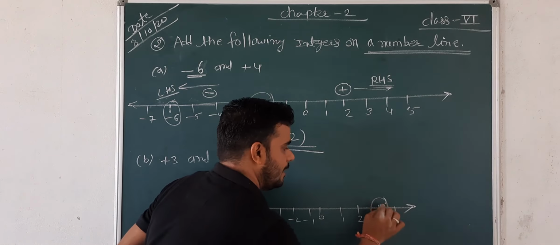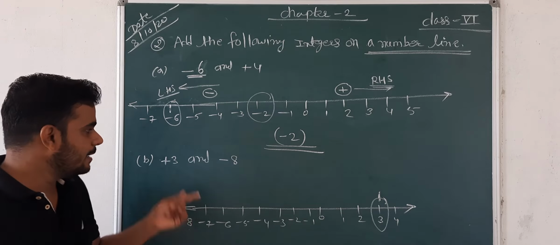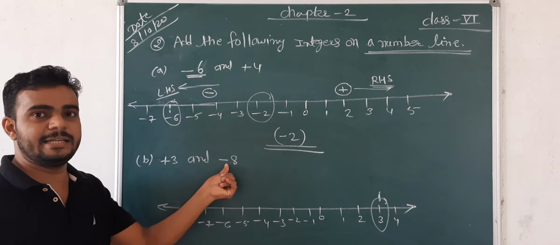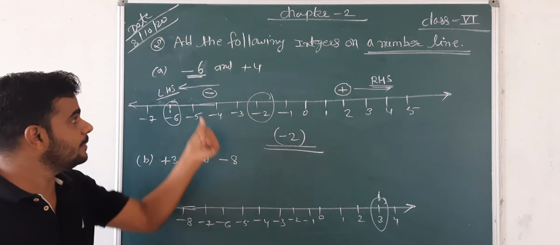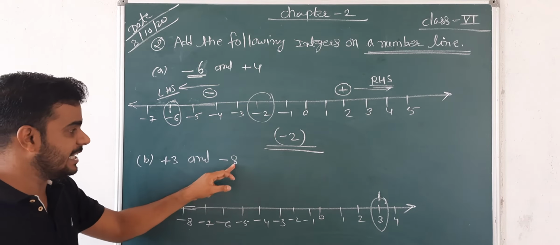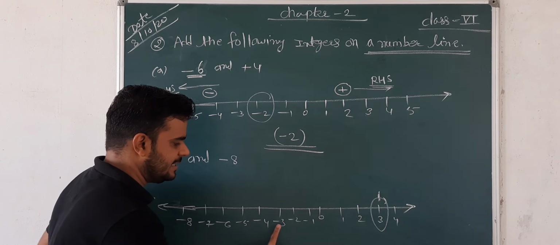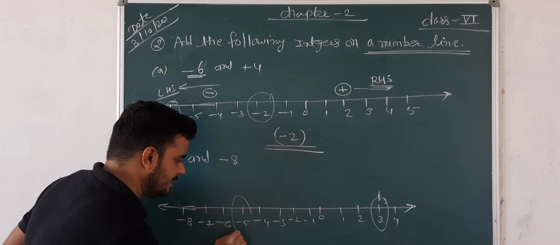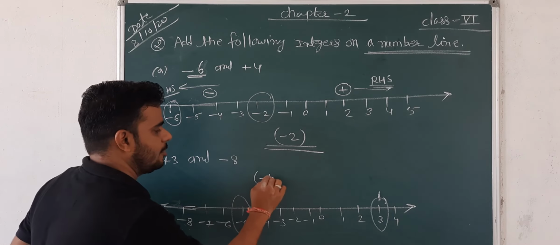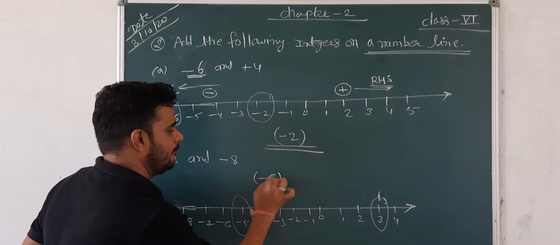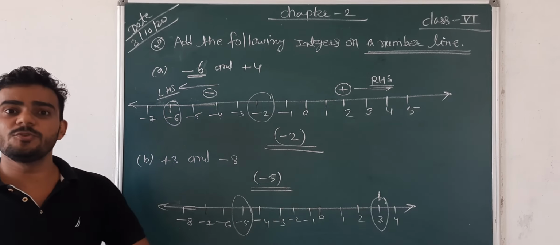It means we are here. हम यहाँ पर हैं. Okay, the second number symbol is negative. So negative होने में क्या करते हैं? लेफ्ट हैंड साइड में मूव करते हैं. How much? 8. 1, 2, 3, 4, 5, 6, 7, 8. So our answer is negative 5. So the answer of this addition is negative 5. Any doubt? I think this is too simple.